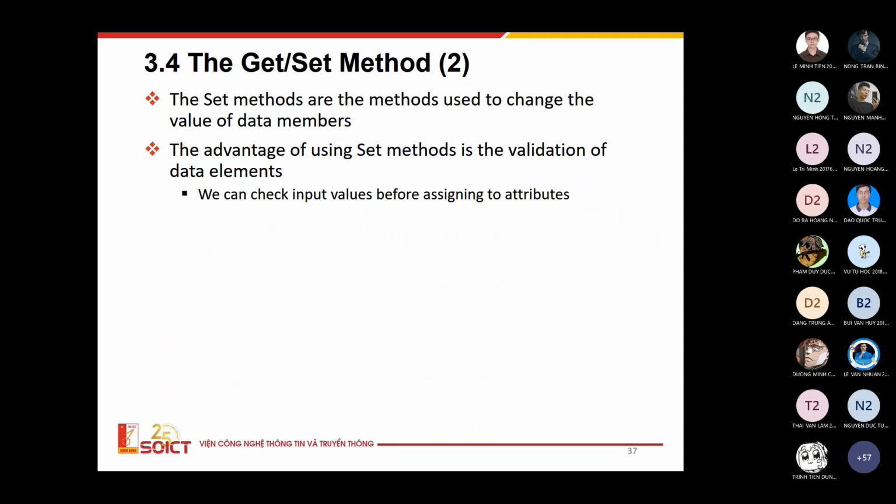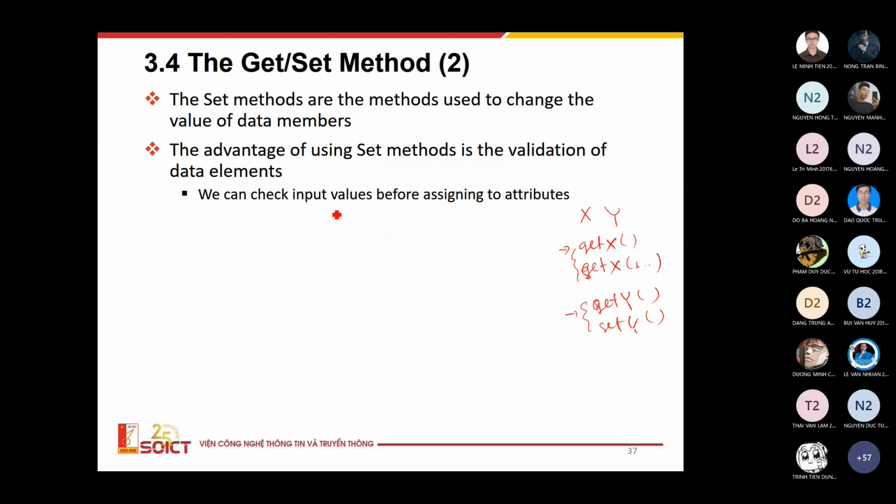For example, you have some attributes named x and y, and then you can define getX and setX to check the value of x and to set the value of x, and then you can have getY and setY to get and to set the value of y.